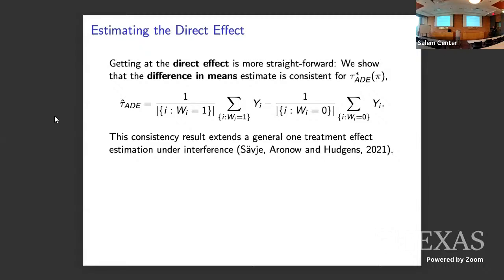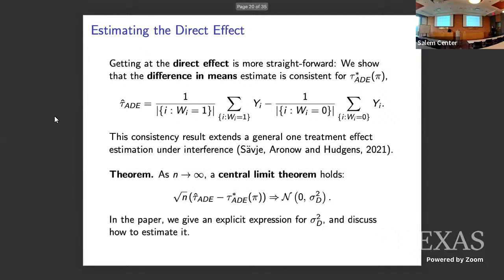There's this very nice paper by Peter Aronow that considers a network interference model, and they argue that very generally this thing is consistent with the ADE. Here we're not in a network interference model, so it's a different result, but substantively it's very similar. Another thing we get here that's nice, that is not always true, for example it's not true in their network interference model, is we get a central limit theorem.